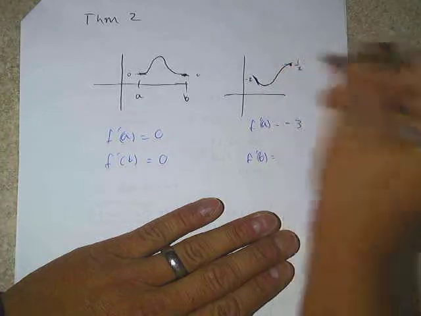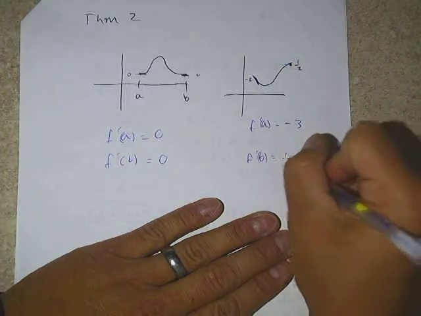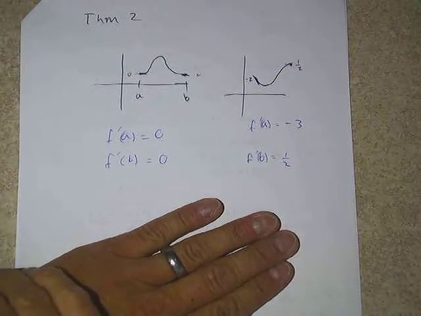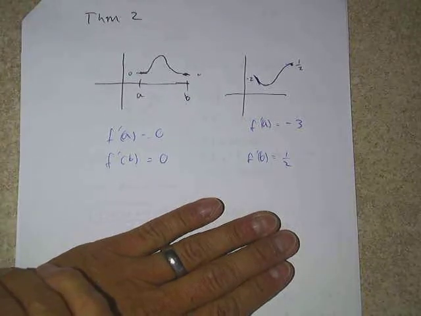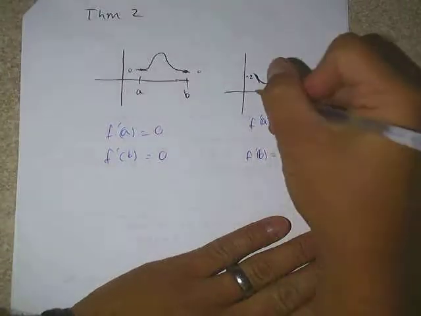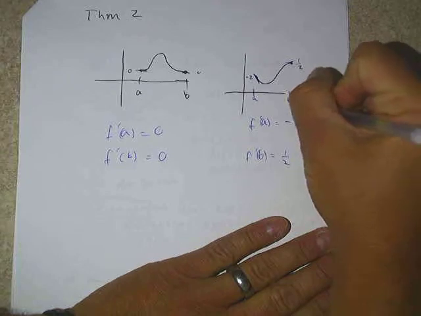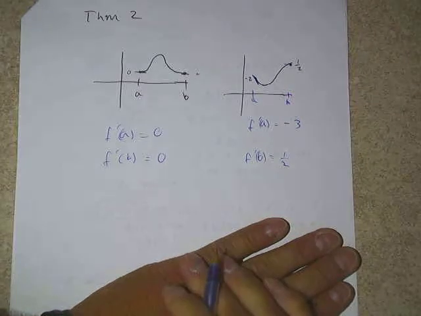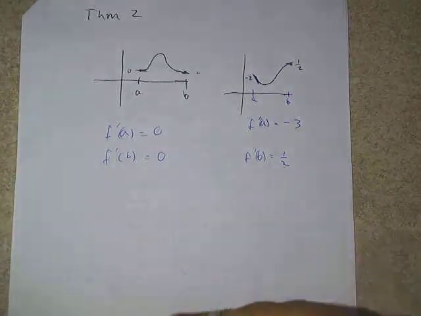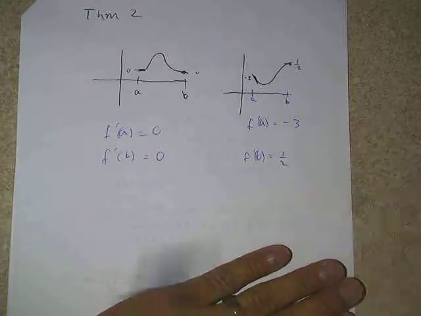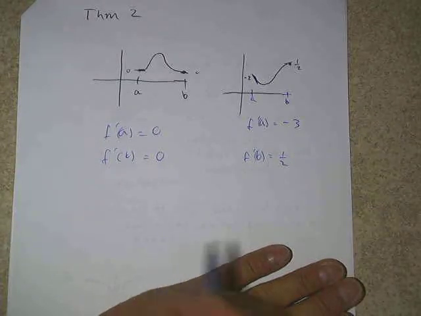Let's do something like this one. If I look at the slope here, let's just estimate that slope to be -3. And then my slope at a half, which would be our b point in this case, we'll say it's not 0, we'll just say it's a half, so it's close.